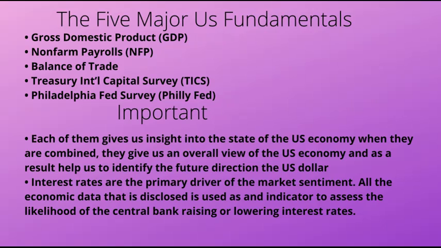So if most of those indicators are showing positive results, then this is indicating that the US economy is doing well. So we don't just look on one of the indicators, we look on the overall combination of those indicators to give us an estimation of how the US economy is performing.